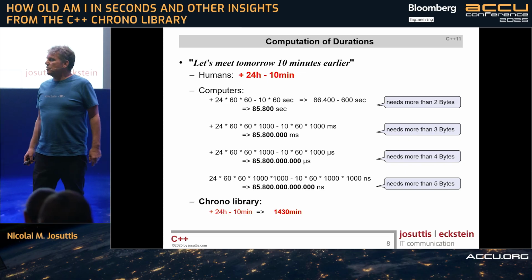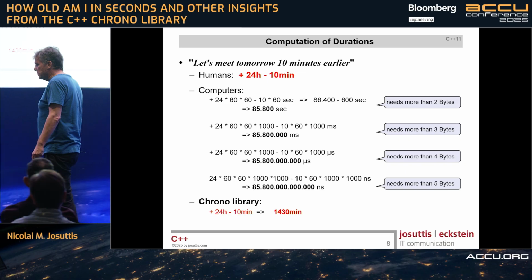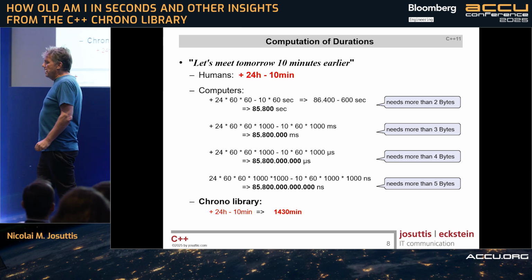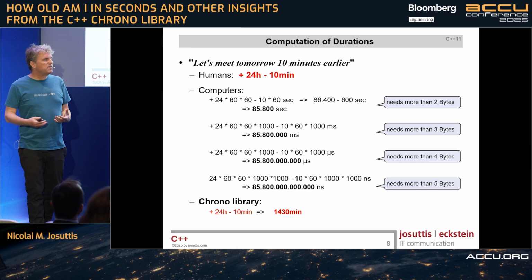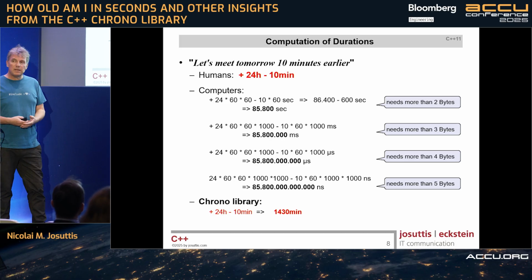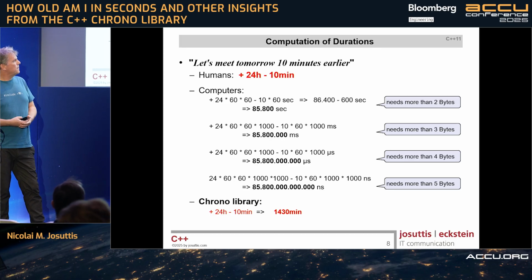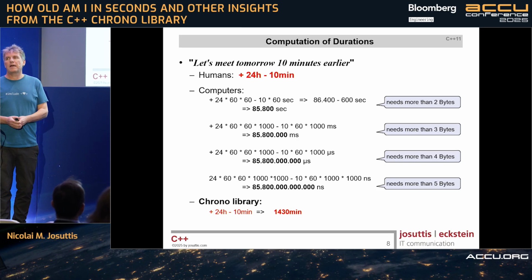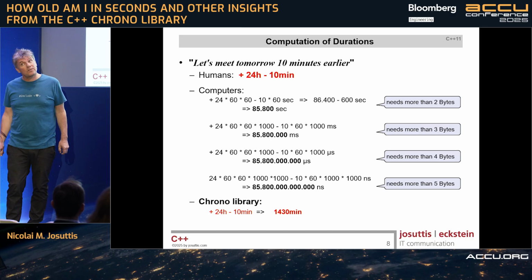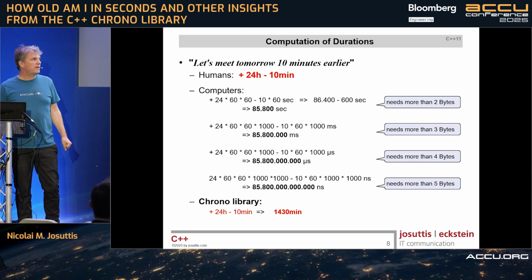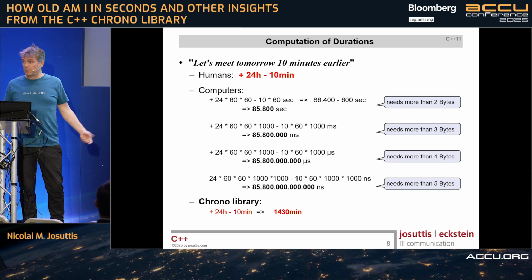The approach of the Chrono library is different. The approach of the Chrono library is, let's use the best unit to represent the result, to deal with the possible values. And in this particular example, that would mean let's use 24 hours. That needs 1 byte for the value. Subtract 10 minutes. That also needs 1 byte for the value, just a different unit.